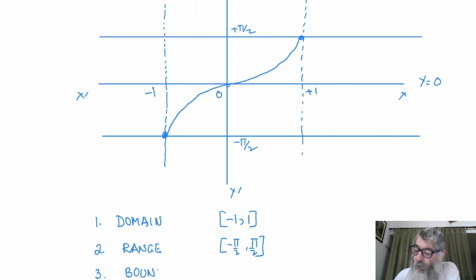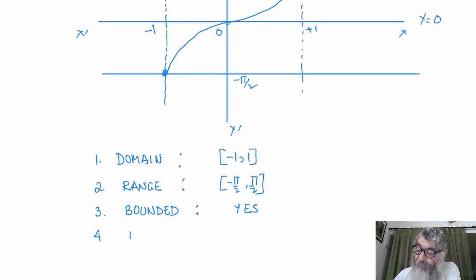Because there are two horizontal lines, and the curve is restricted between those two horizontal lines. What is the f maximum? F max is pi by 2. And f min is minus pi by 2.